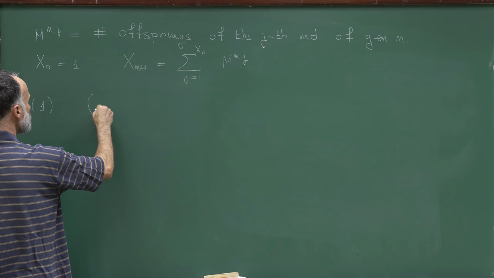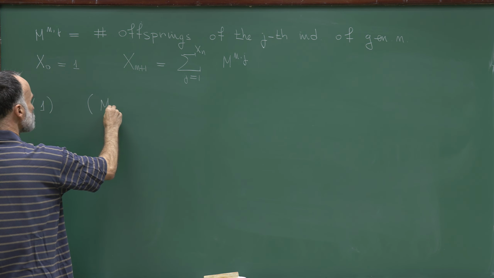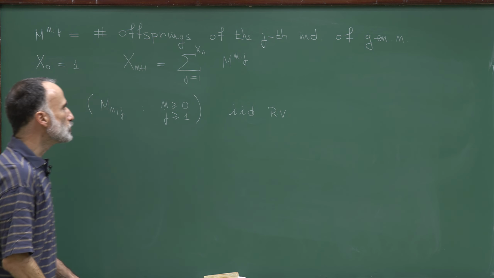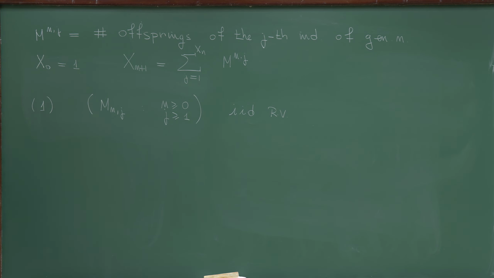So I will assume that these variables m_{n,j}, where n is ranging from 0 on and j from 1 on, are IID random variables. So they are independent and identically distributed and defined in some probability space, which I do not specify.